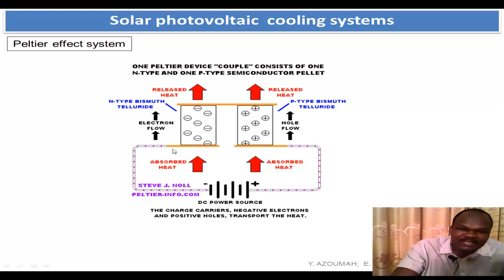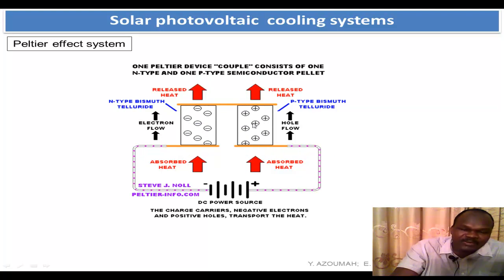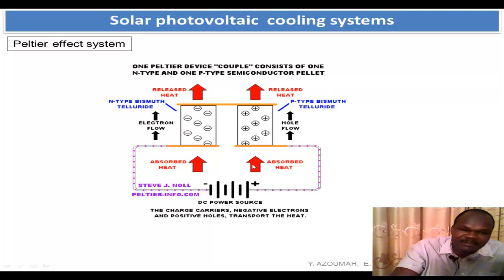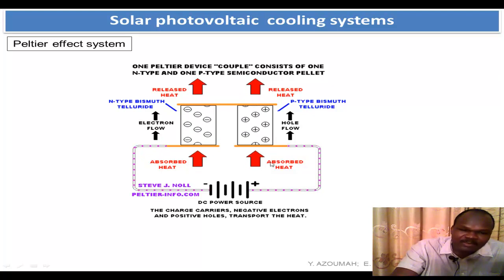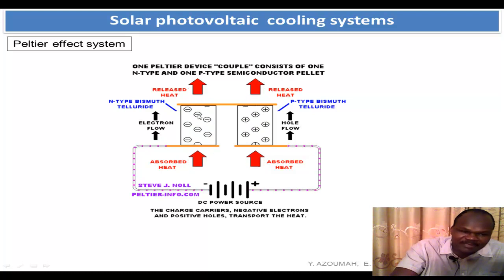Likewise, you see the electrons go from the negative pole all the way to the positive pole, while the holes that were created go in the other direction. For the holes to travel and overcome the gap, they need some energy, and they will take the energy from the surroundings. They will absorb the heat. The electrons will absorb the heat to travel from left to right. The holes will also absorb the heat to travel from right to left.